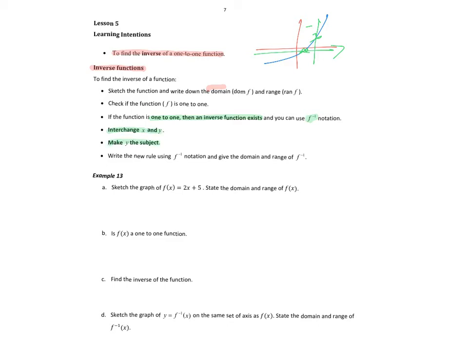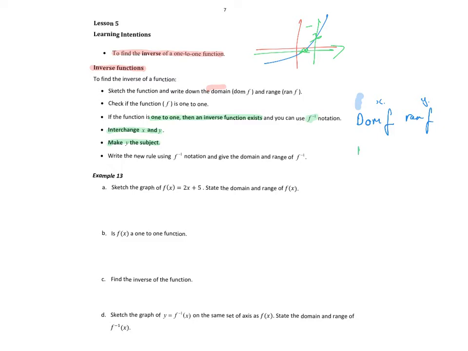If we're swapping our x and y values, that means the domain of f, which is all the x values, and the range of f, which is all the y values, will swap.